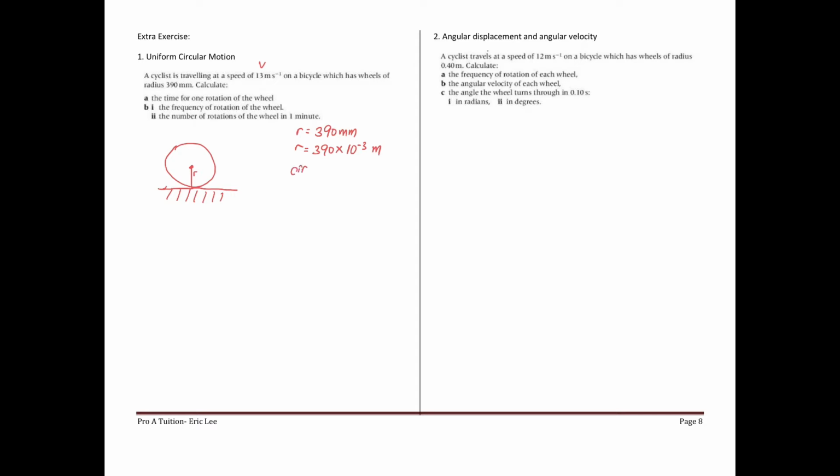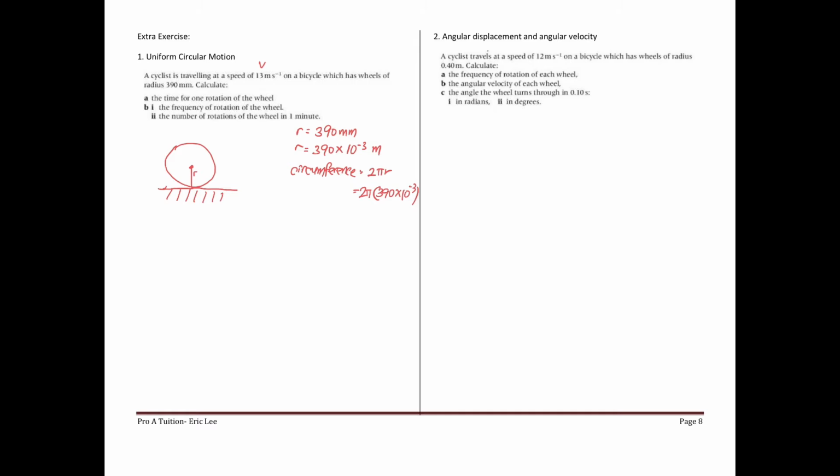Circumference is equal to 2 pi r, and hence I have 2 pi multiplied with 390 times 10 to the power of minus 3. Let's say I just leave it like this first, I don't want to count the circumference, I just leave it in this form.